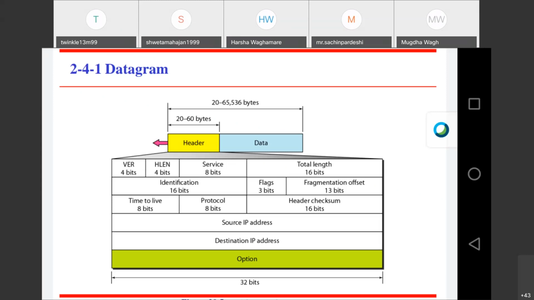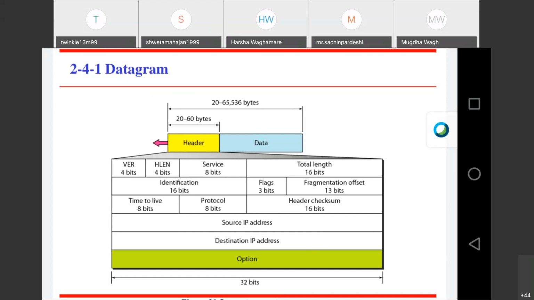The second 4 bits is the header length. These 4 bits define the size of the header, because the size of the header varies between 20 to 60 bytes. With 4 bits, you can write values up to 15, if all 4 bits are 1.